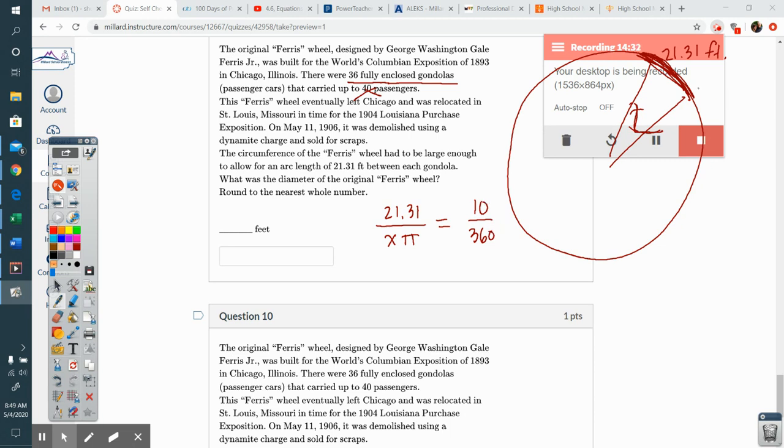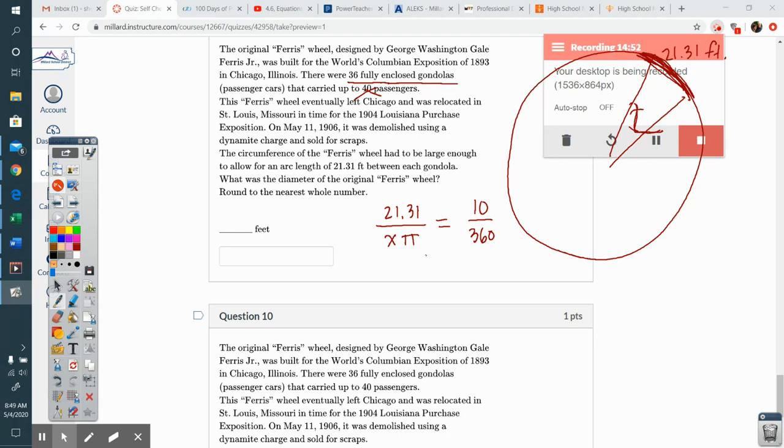Each gondola will have 10 degrees, because I have to fit 36 of them around this entire thing. So it's got to be huge with a small angle going to each one, or else you can't fit 36 gondolas around the entire thing.